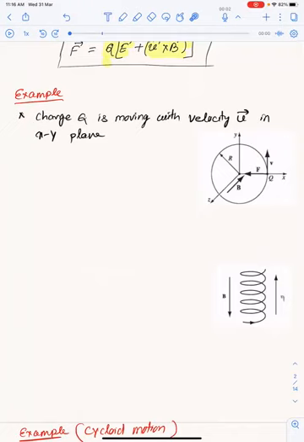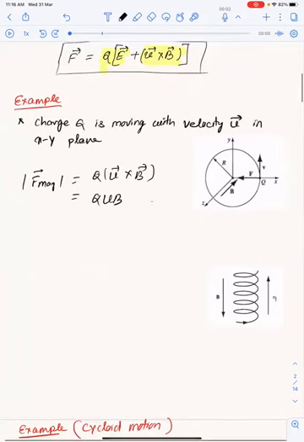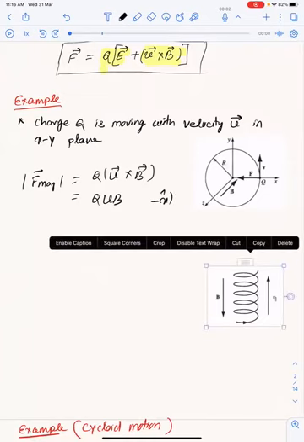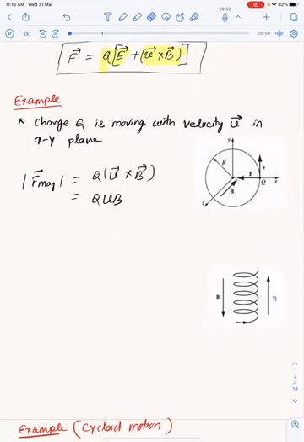If you want to write that, F magnetic will be nothing but Q V cross B, and for this arrangement it is nothing but Q V B, where B is the magnitude. The direction is of course minus x cap, so the direction is inside. In fact, wherever on the path it will be towards the origin.